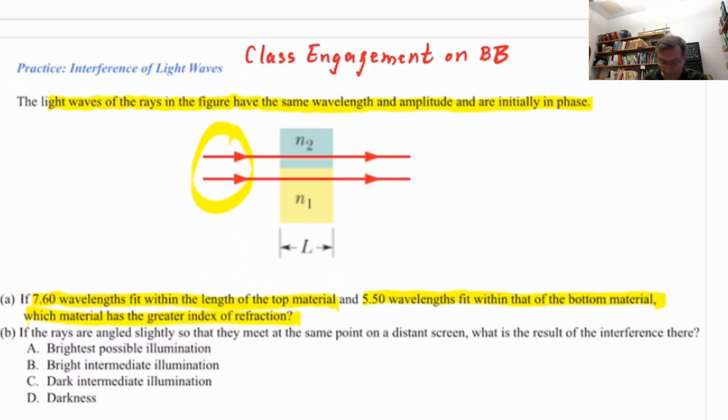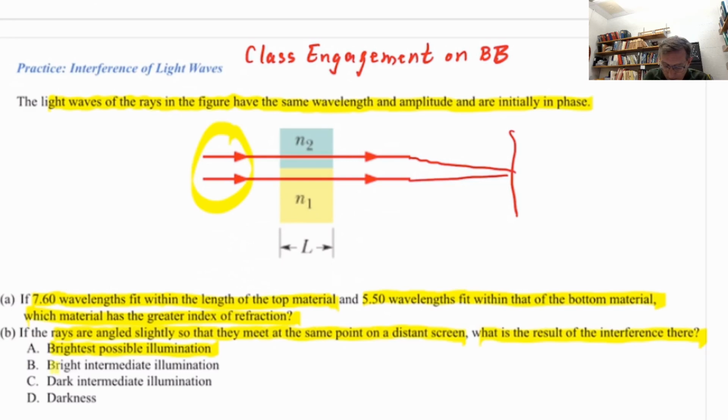1 or 2? Okay? Question B. If the rays are angled slightly so that they meet at some point on a distant screen, out here, so that they meet somewhere on a screen, like that, what is the result of the interference there? First, brightest possible illumination, fully constructive.